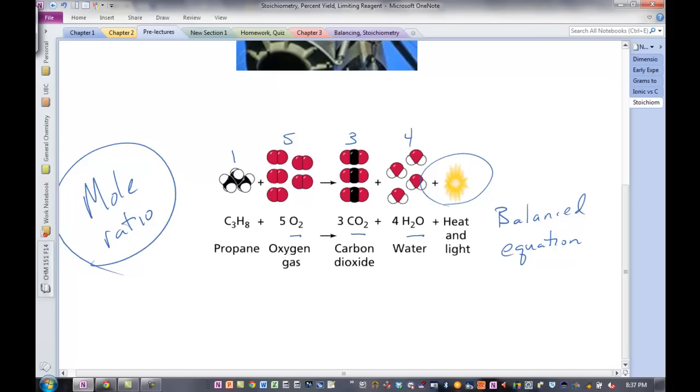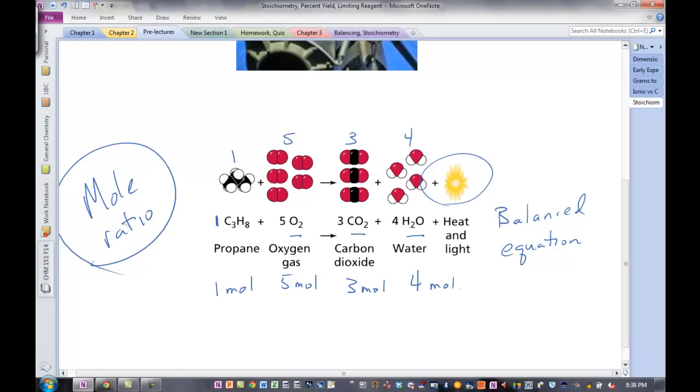But we're going to scale that up much more than just a few molecules. We're going to scale it way up into the mole region. And so we're going to read those coefficients as a ratio of 1 mole of propane, since there's a coefficient of 1, 5 moles of O2, so they're going to react in a 1 to 5 ratio, and then for the products, 3 moles of CO2 and 4 moles of water.